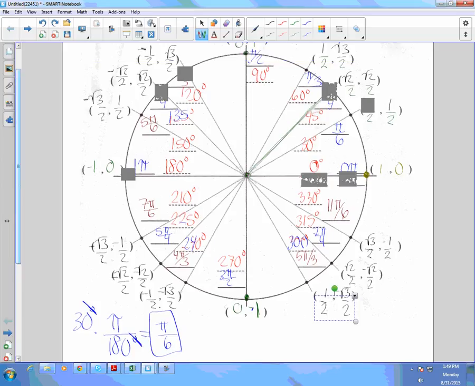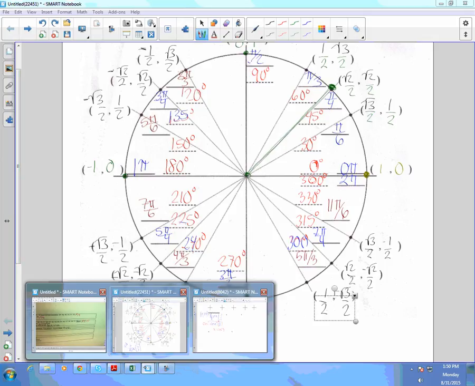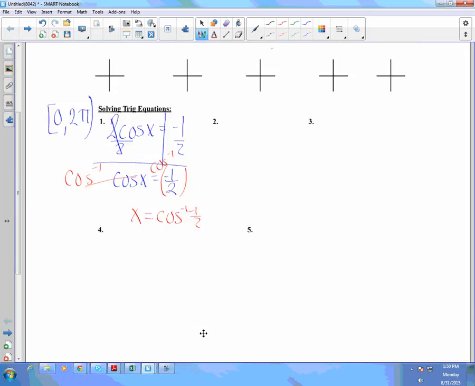Which one has a cosine equal to -1/2? 2 pi thirds, that's one, but with an interval from 0 to 2 pi, 4 pi thirds and 2 pi thirds. So we have 2 that we need to report because we have a full domain, it's not just one of them. So our x here equals 2 pi thirds and 4 pi thirds.